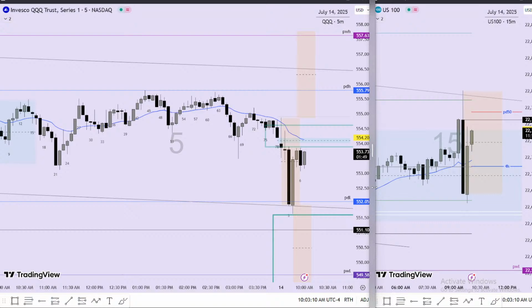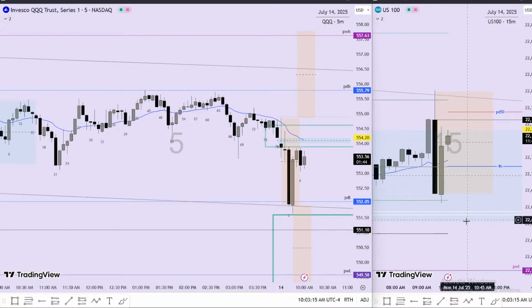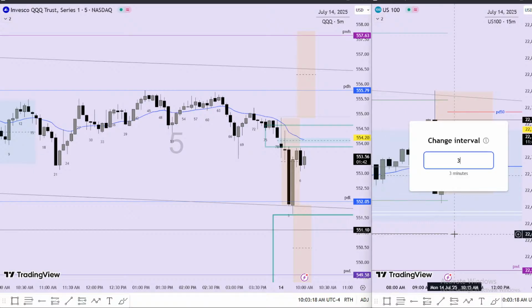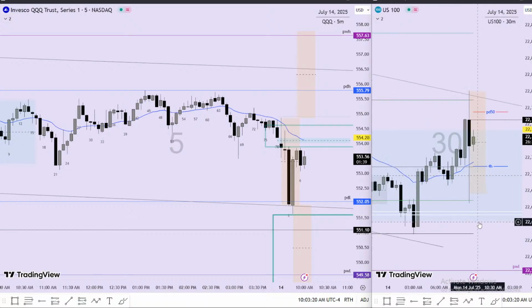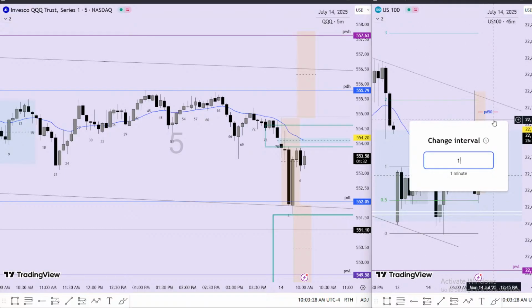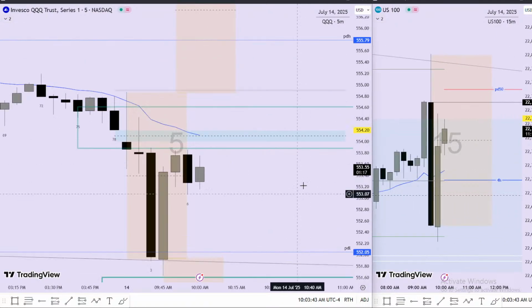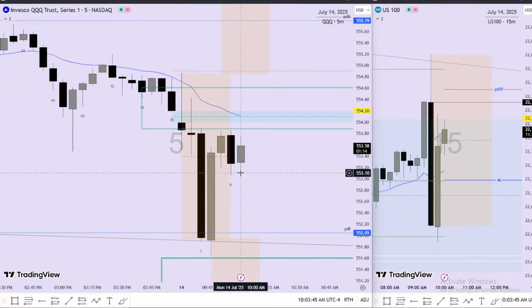Buying it is more reasonable than selling it. Bar number 7.